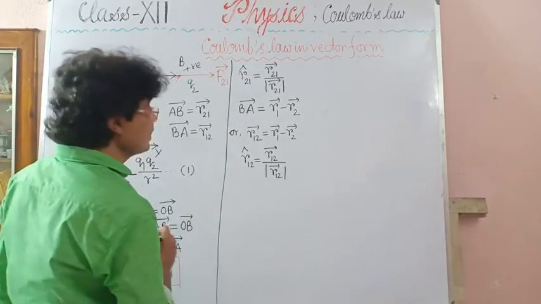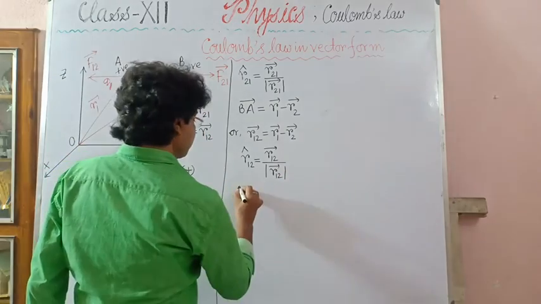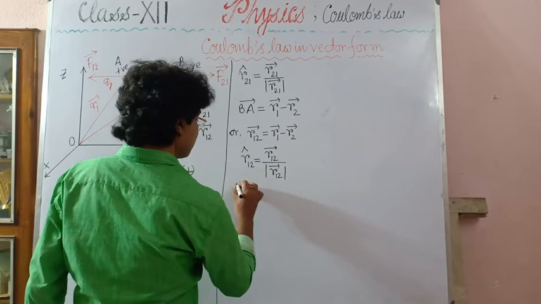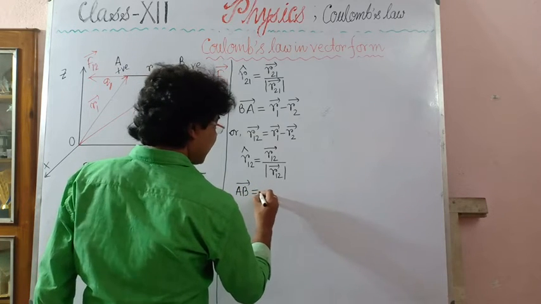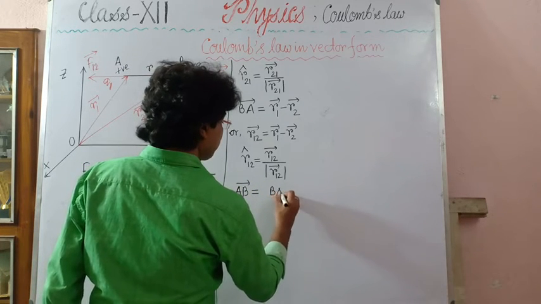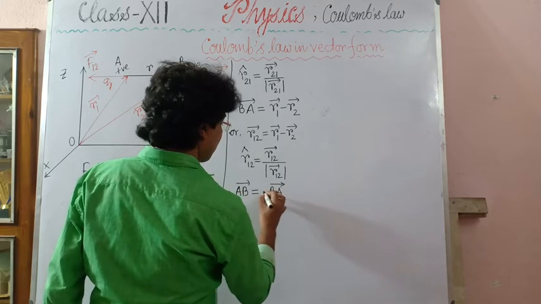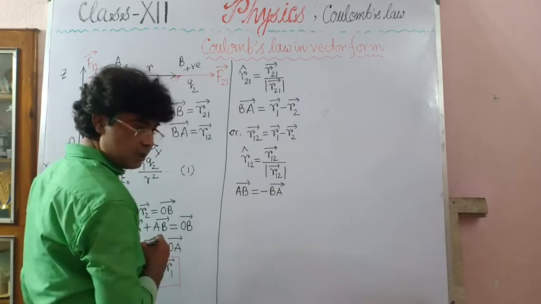It is clear that AB vector and BA vector are opposite vectors.